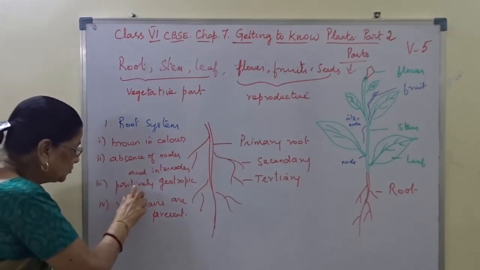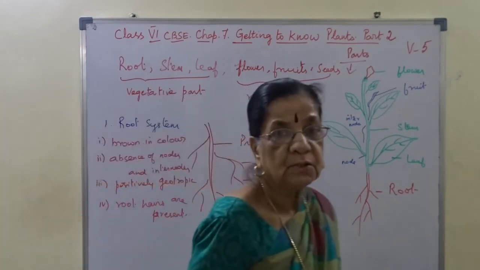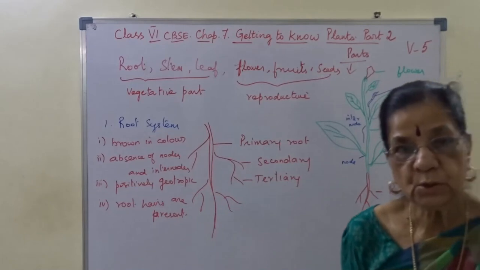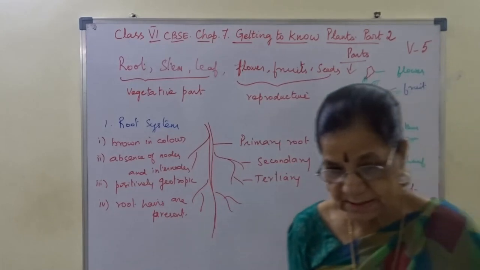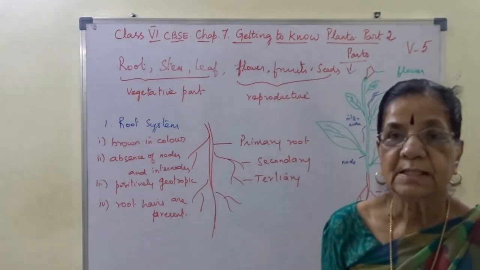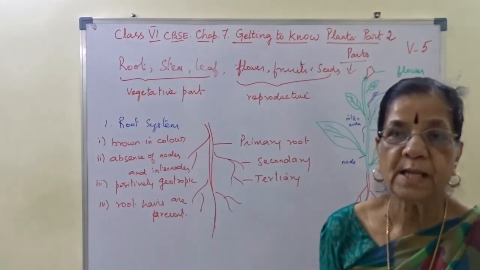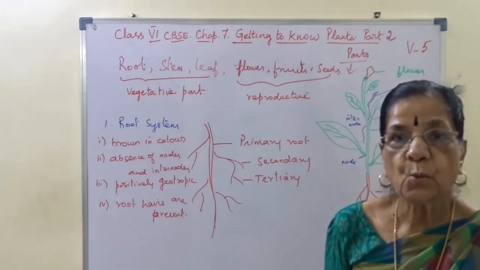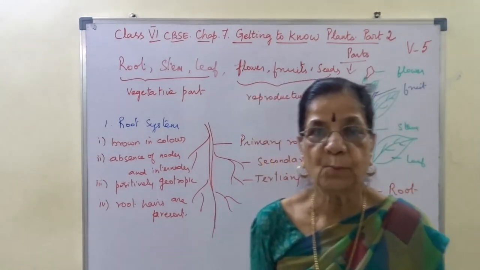And it is said to be positively geotropic. That means when the roots grow below the soil, we say it is growing towards the center of gravity. That is called tropism, the movement of plant parts towards one direction. That is called tropic movement.